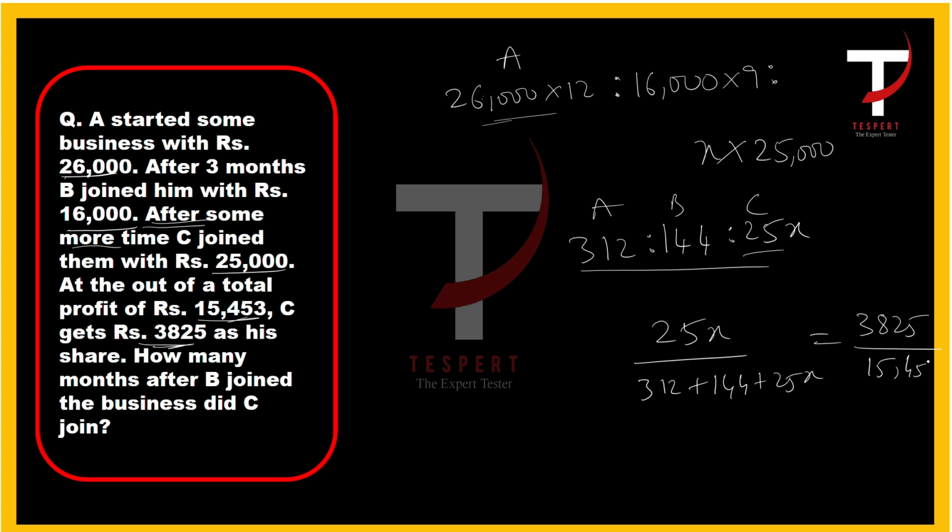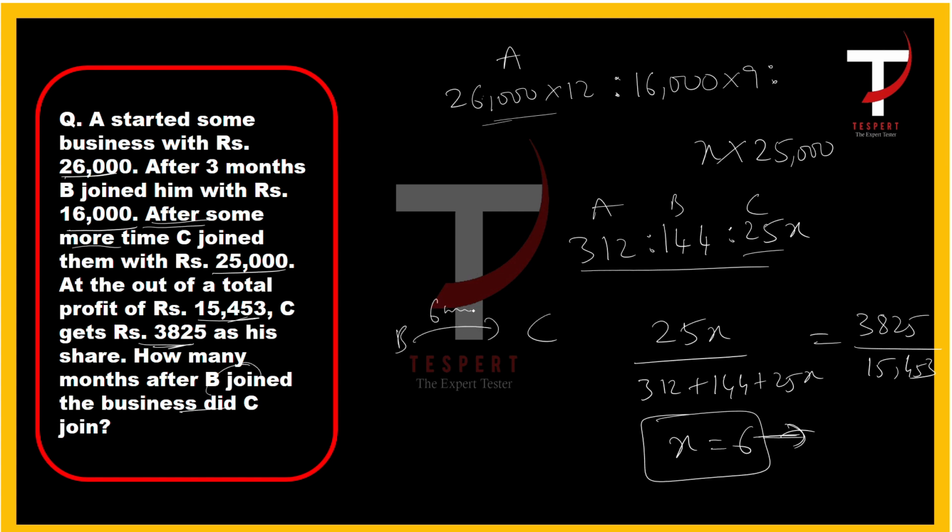So just cross multiply and you will arrive at 6. What is 6? 6 is the number of months. After 6 months he joined. So after B has joined, C has joined after 6 months.